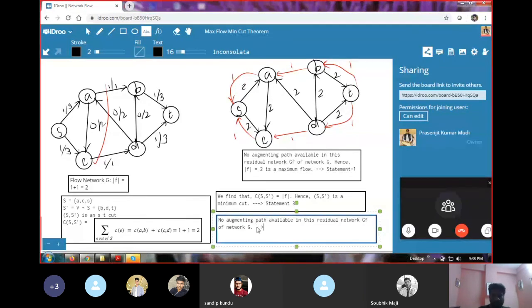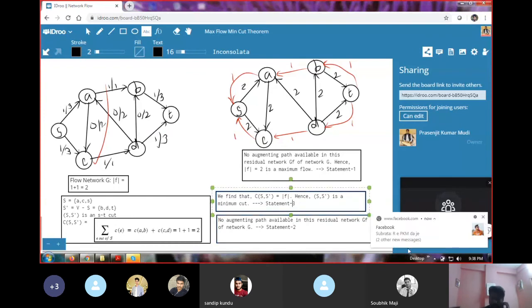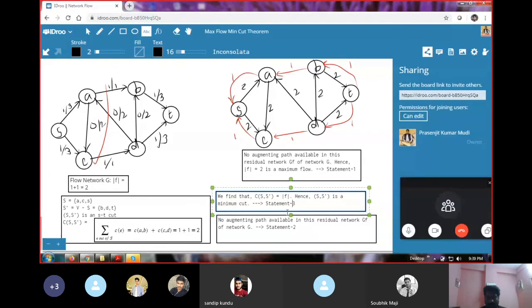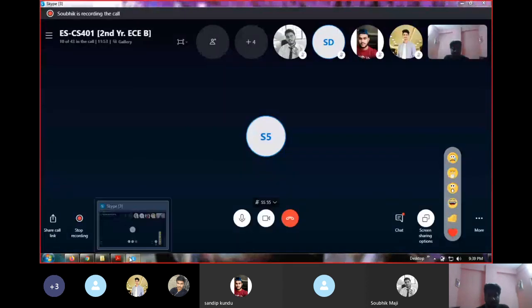So this is statement 2 of the theorem. So hence in this example we have verified the maximum flow minimum cut theorem.